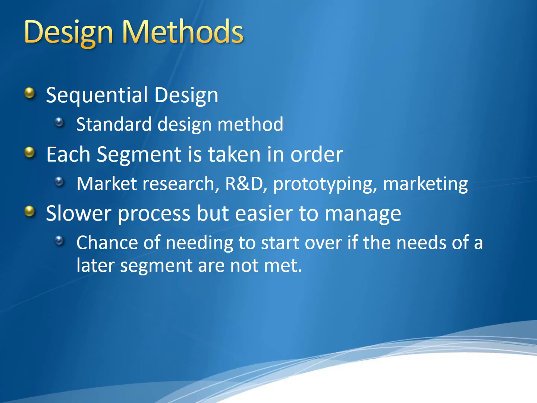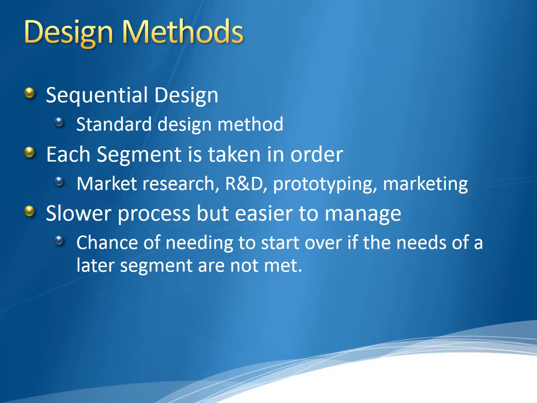Okay, now for design methods, the first one we want to look at is sequential design. Now, sequential design relative to product development is essentially your standard development method. With this method, each different segment is taken in order. So, for example, a company first is going to perform their market research to determine a product, and then research and develop the product itself and determine feasibility, continue on to prototyping and marketing and so forth.